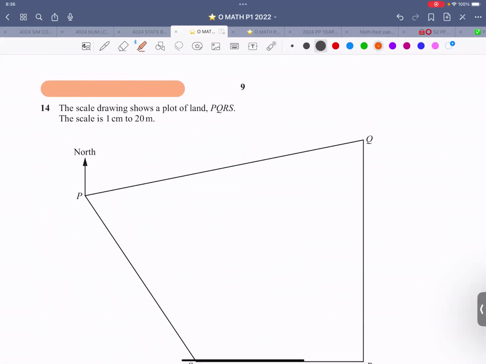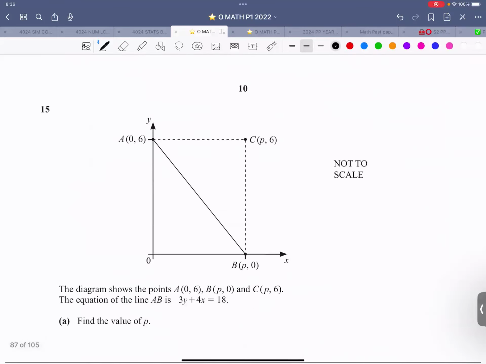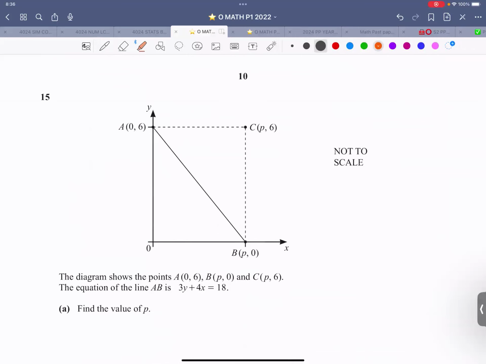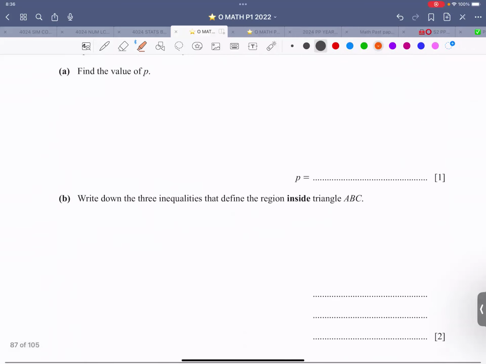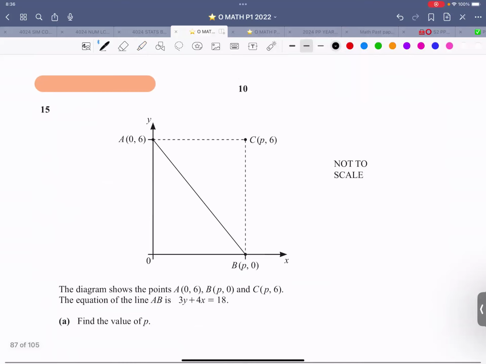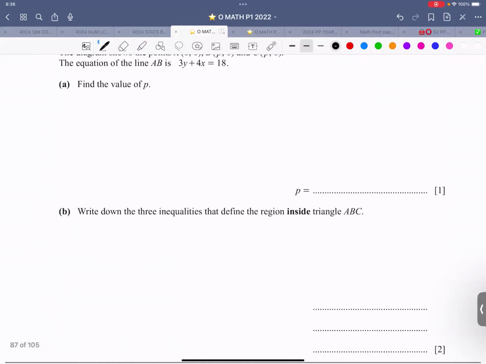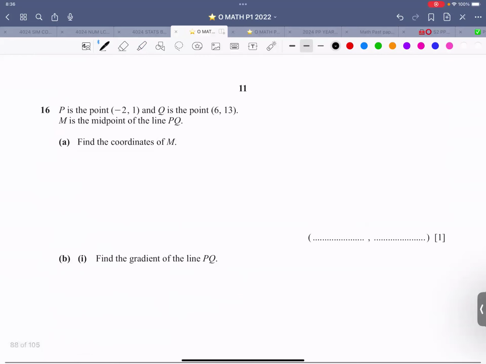Question 14, this looks like loci and construction. Question number 15, this looks like coordinate geometry and then inequality. And question 16 is again coordinate geometry.